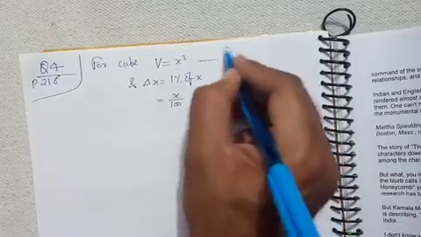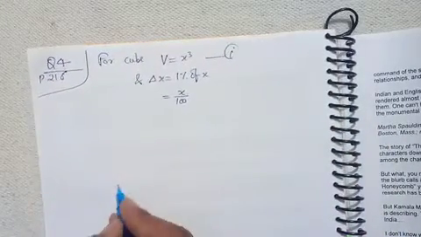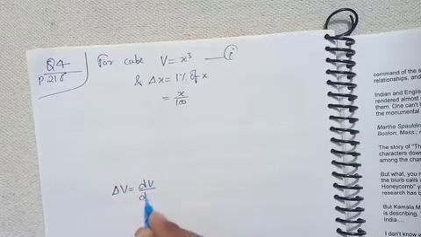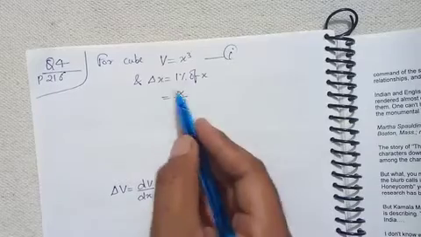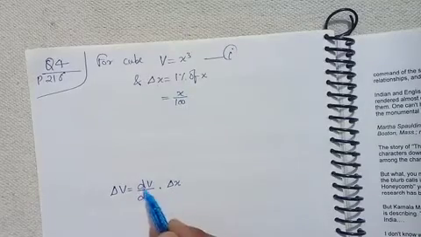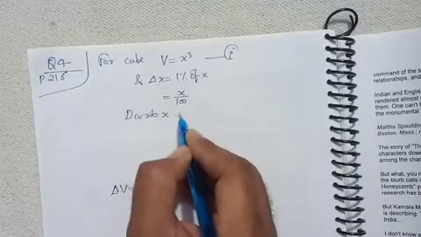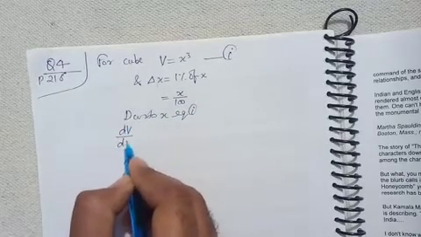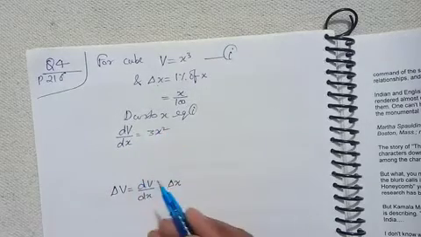This is delta x. Now find out delta V. So delta V is equal to dV upon dx into delta x. Differentiate with respect to x: dV upon dx equal 3x square.